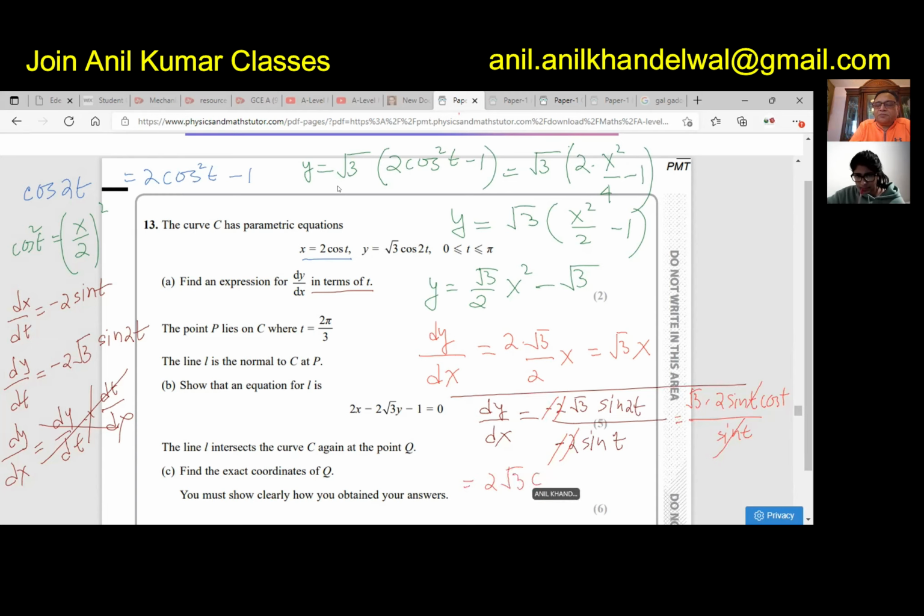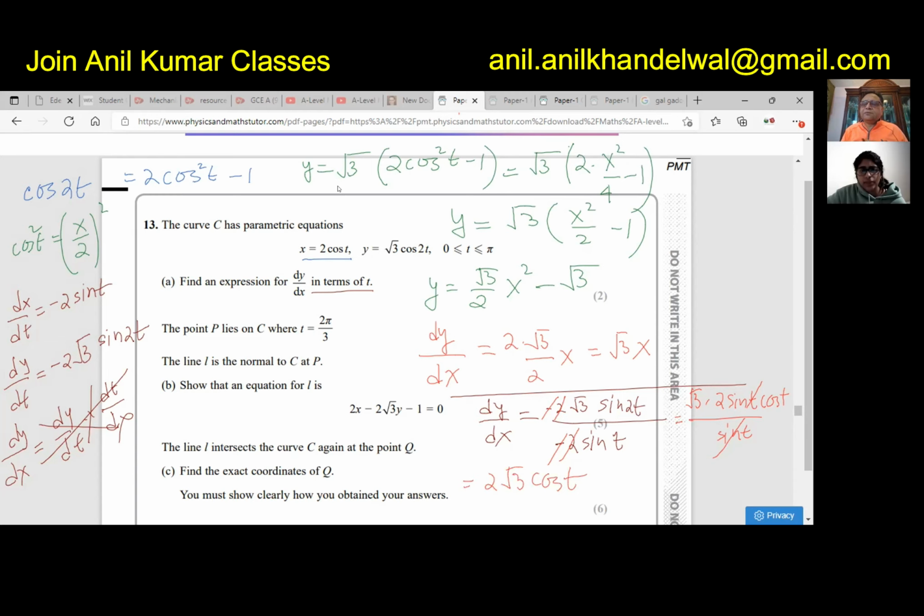My question was, how do you know what to leave it in? When I did it, I just left it as root 3 sine 2t over something, and the answer had that as well, but then I was going to simplify it. But how do you know if it doesn't say? I think by default you should simplify it to the lowest terms, the simplest form.